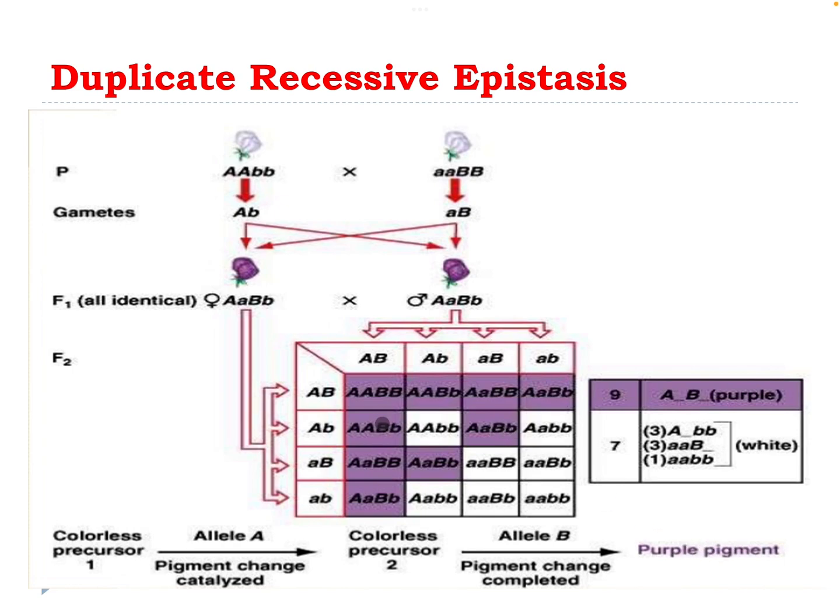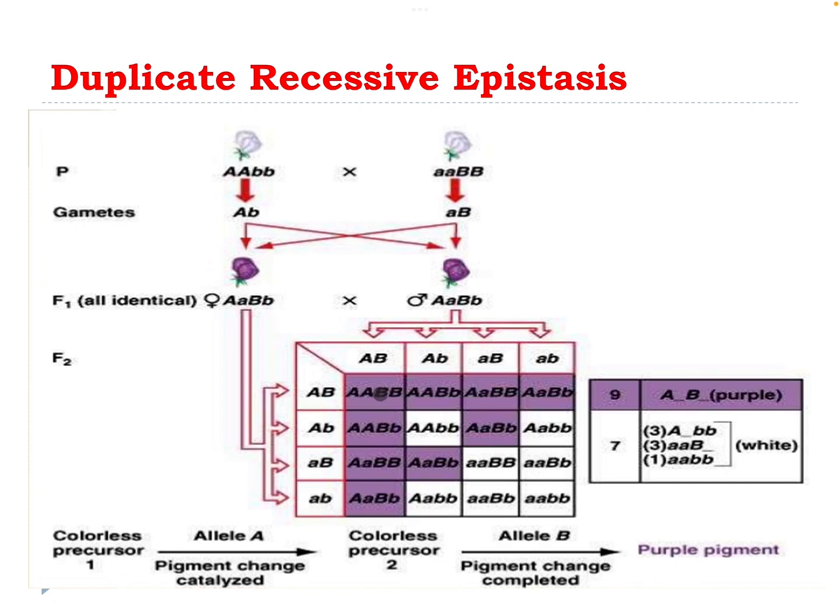As you can see here, with the presence of both A and B, you will produce a purple pigment. But with the presence of recessive a or recessive b, you will produce a colorless precursor because you cut this chain. So you will produce a colorless pigment. The ratio will be 9:7.